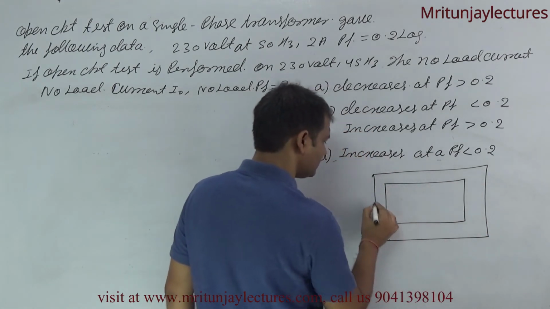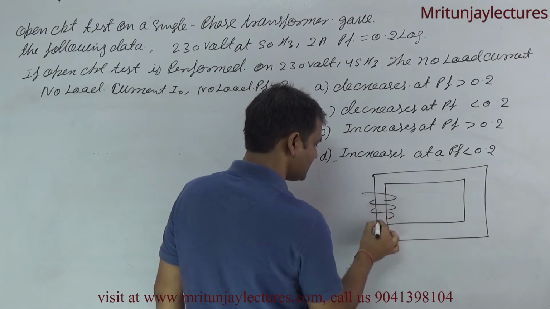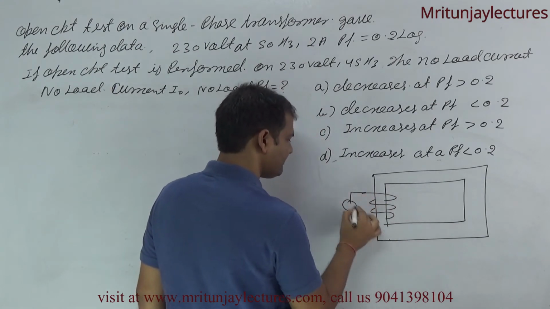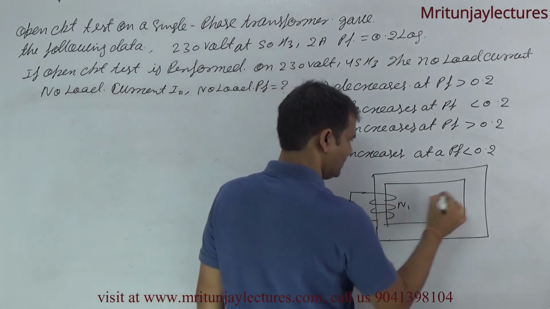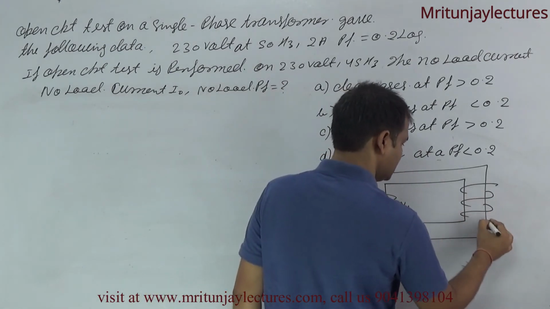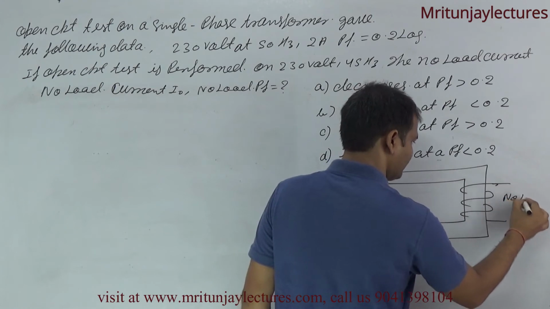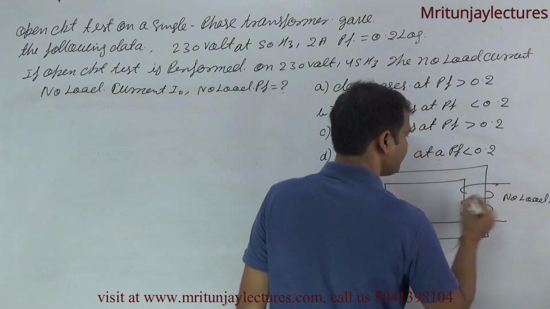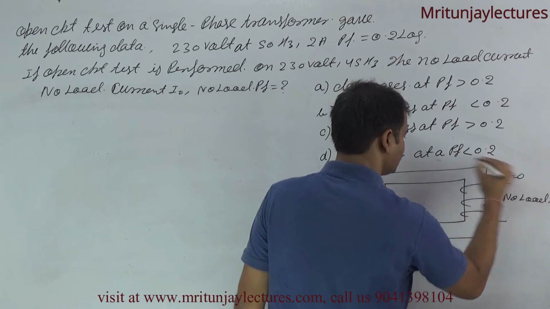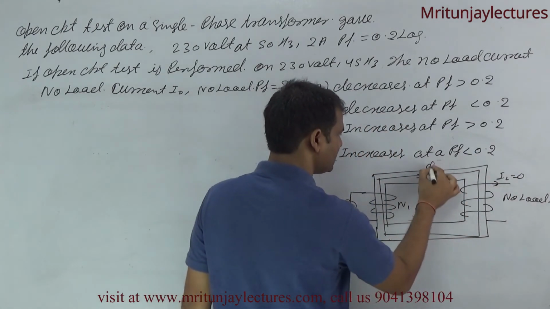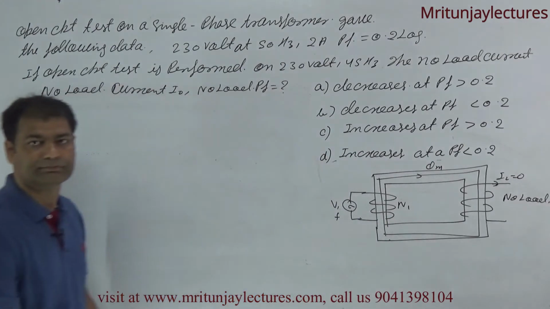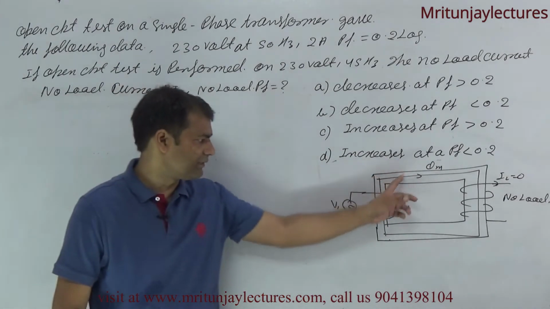Okay, is it clear? Now first of all, corresponding to the question, make the circuit like this. That is no load, primary side V1 and frequency F, N1, secondary side no load. Clear? What about I2? I2 is 0. Magnetizing current, magnetizing flux phi m, this is phi m.